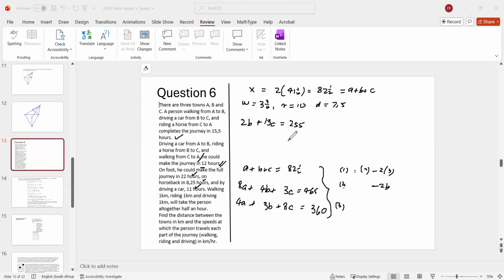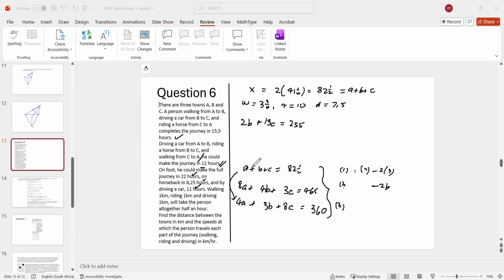So now I've got rid of the A's using these 2. Now, I still need another equation. Get rid of the A again. Why don't we use those two? Because I don't want to multiply by 8. I'll get such huge numbers. So let's try this. I have to multiply this by 4.